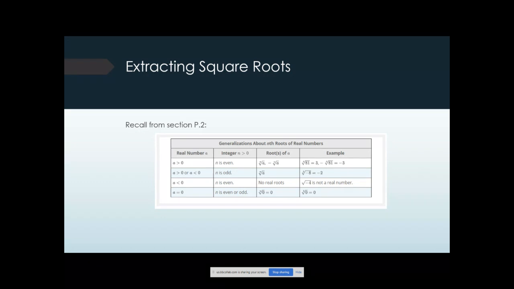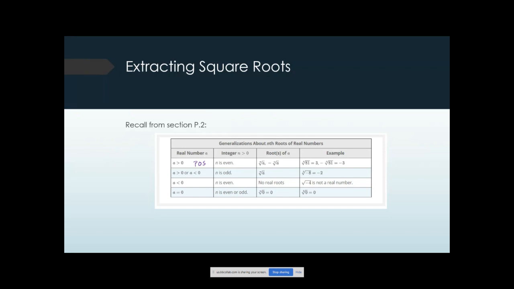So to understand this method, we're going back to section P.2. This is a chart from P.2 when we're talking about square roots. Let's say you're taking the square root of a positive number, which is the first row, and square roots means the n is even.